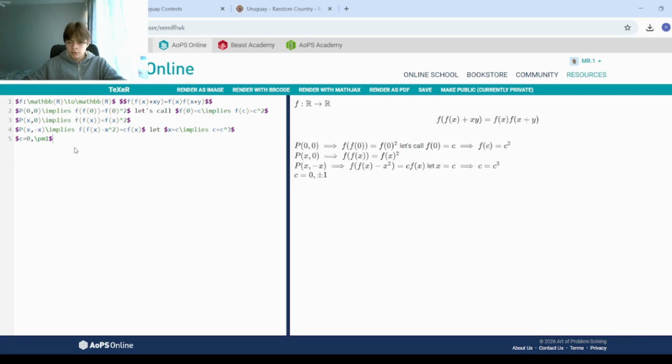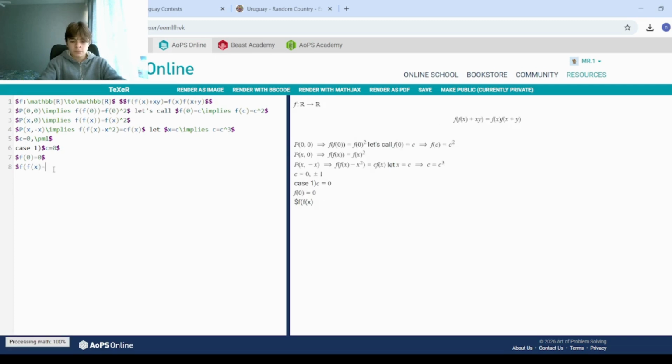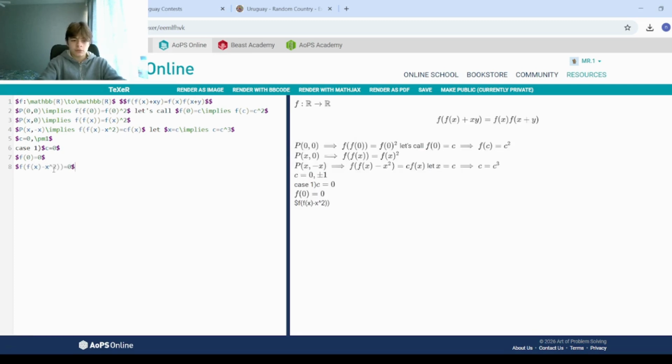And if we put c equal to 0, so case 1, c is equal to 0, so we have f(0) is equal to 0, and if we put this, we get actually nothing, but okay, from right here we put this and we get that this is 0, so we know that f(x) minus x squared is equal to 0.